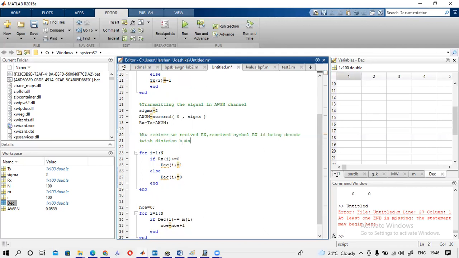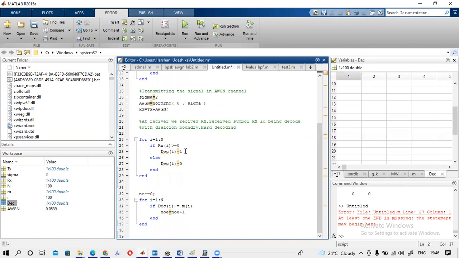This is actually hard decoding. Now we have decoded the signal here. After decoding, now we are calculating the number of errors.